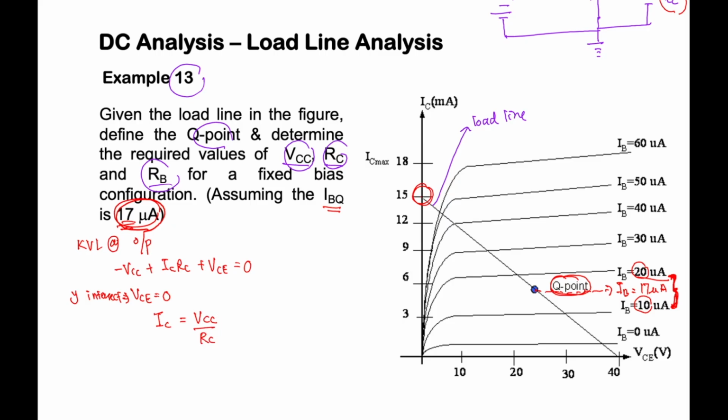Do we know this value? It is actually 15 milliampere, so 15 milli equals VCC over RC. This is our first equation. How about our x-intercept? The x-intercept is where IC is equal to 0, so from the equation, VCE equals VCC.